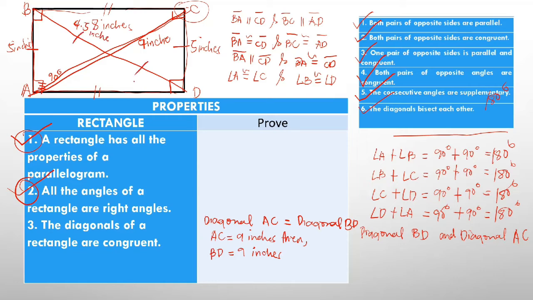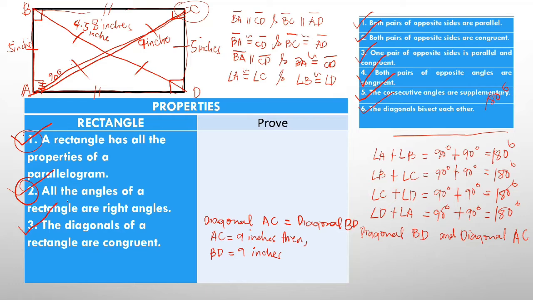And since they are the same, the diagonal AC, pag bisect natin, this is also 4.5 inches and the other one is also 4.5 inches. Kasi pag sinabing bisect, we divide it into two equal parts. So now we have shown that the diagonals of a rectangle are congruent.